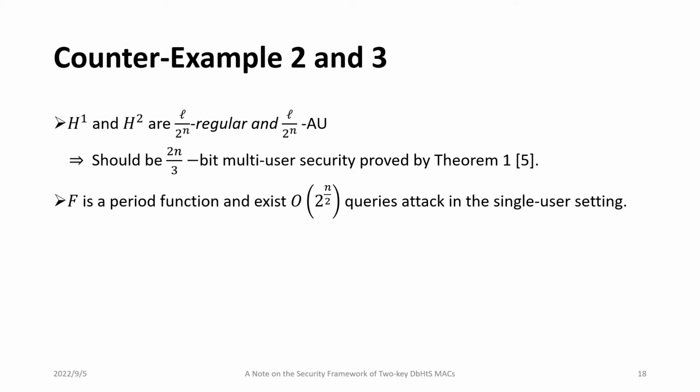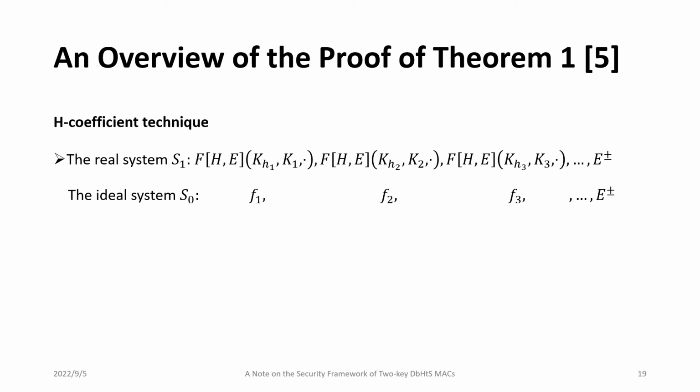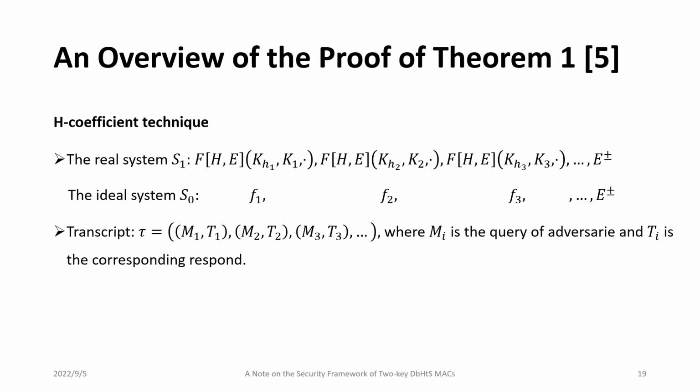Before we show the miscalculation in their proof, we give an overview of the proof of Theorem 1. Shen et al. used the H-coefficient technique, so we have a look at it. When considering the interaction between an adversary and the real system S1 or the ideal system S0, let Mi denote the query from the adversary to the system, and Ti denote the response to Mi from the system to the adversary.